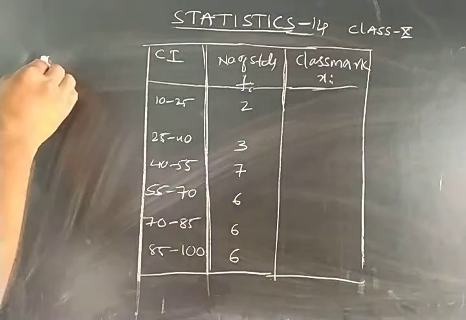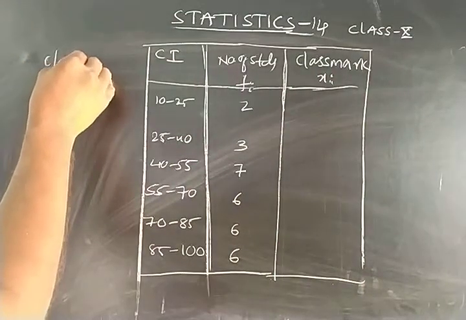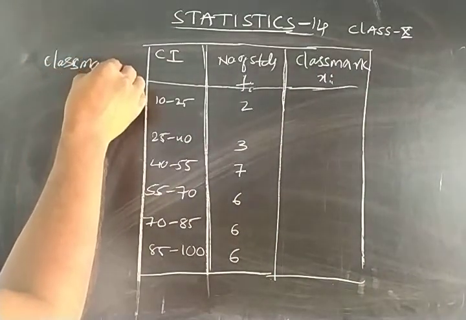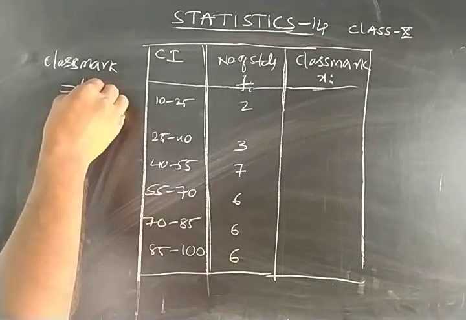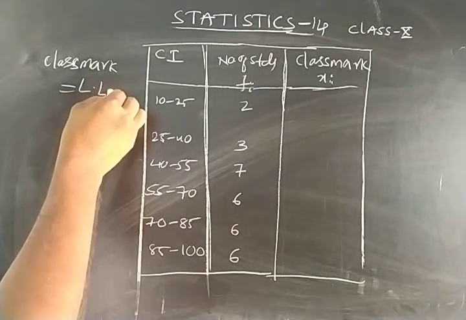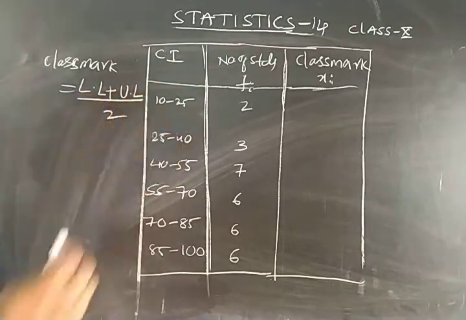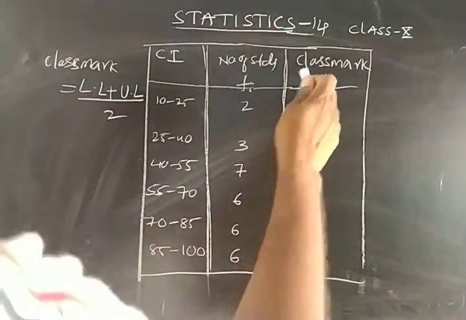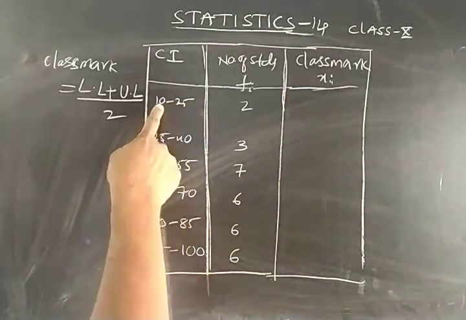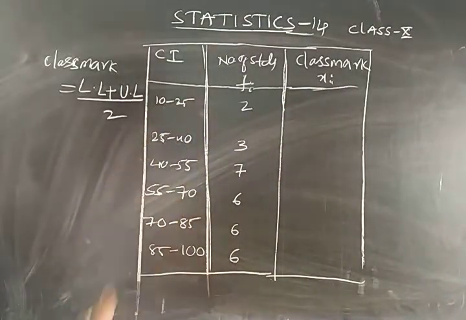Class mark means lower limit plus upper limit, divided by 2. So we are going to find the corresponding class marks of the intervals. Here the lower limit is 10 and the upper limit is 25.